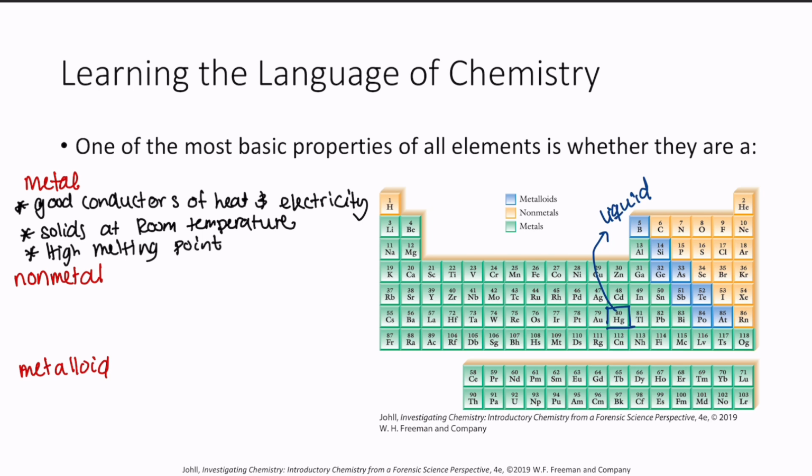Now, nonmetals are poor conductors of heat and electricity. They can be solids, liquids, or gases at room temperature.